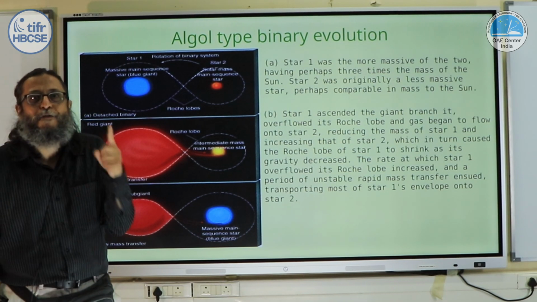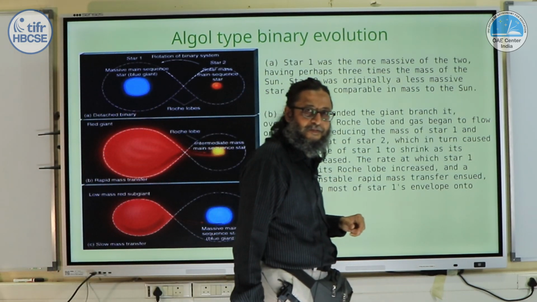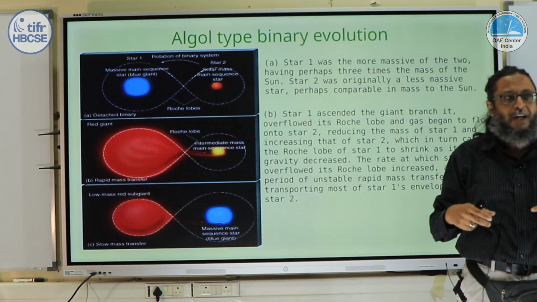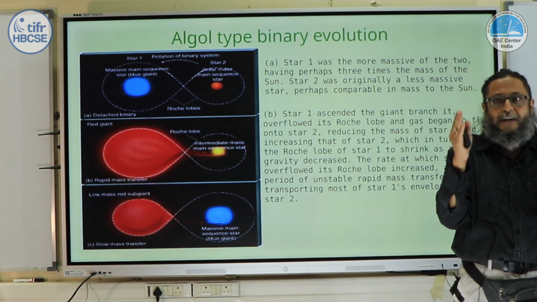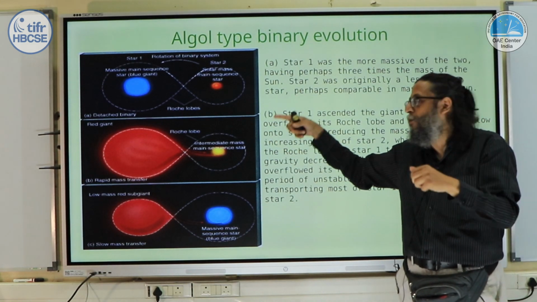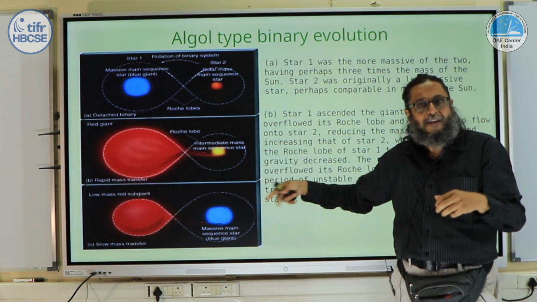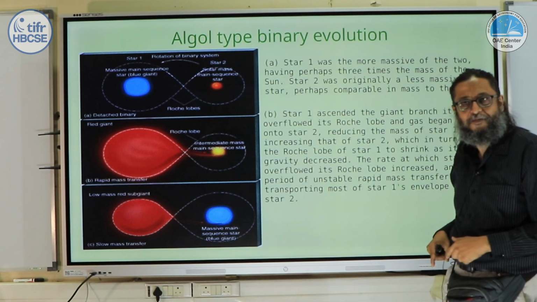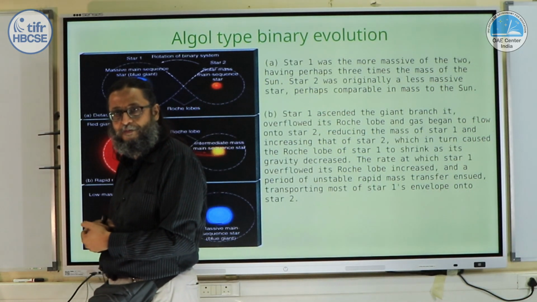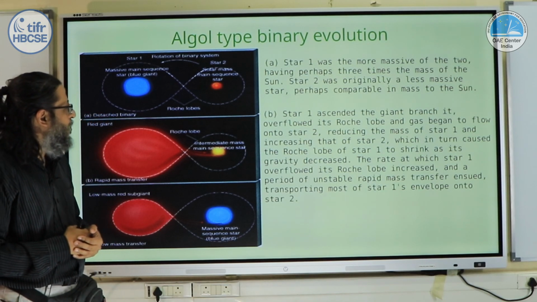So now the whole evolution of the star changes. And that is why when we look at the evolution of stars, we should be very much aware that when it comes to a binary system, especially a semi-detached binary or a close contact binary, then the evolution process can change and they will influence each other's evolution. Okay?